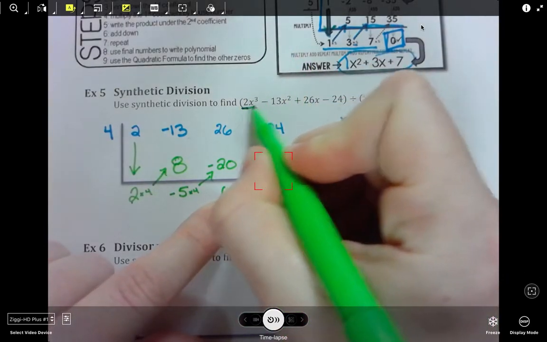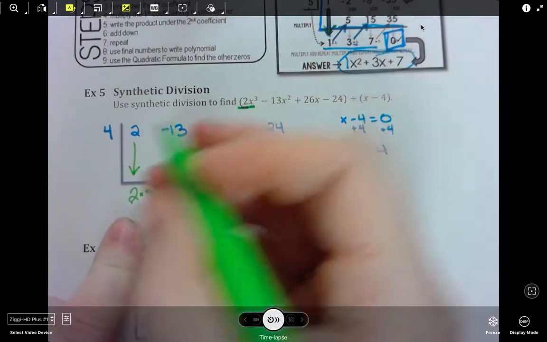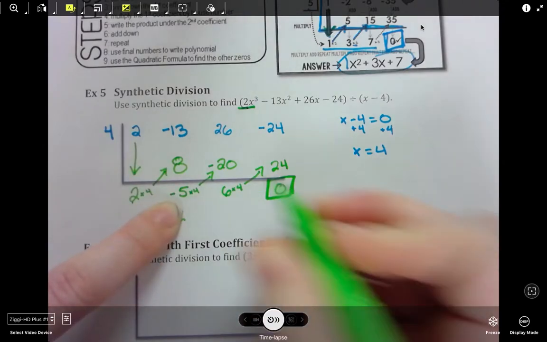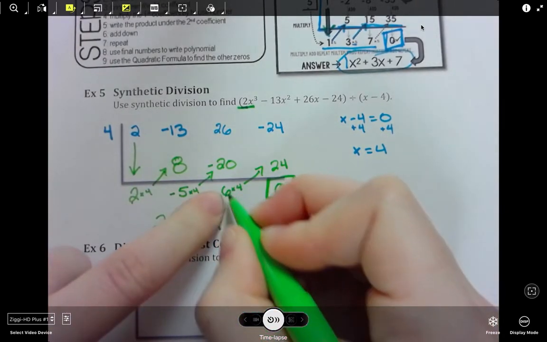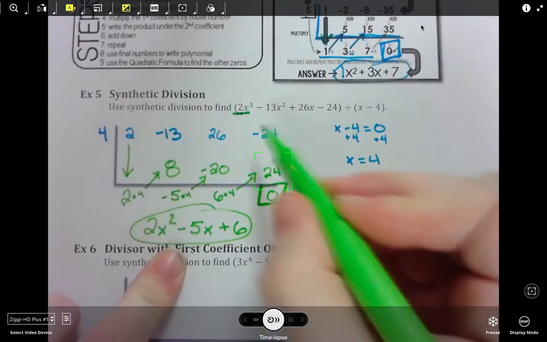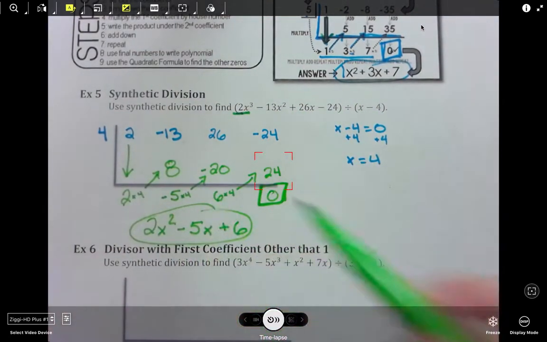What I was dividing was an x cubed, so 1 degree less than x cubed is x squared. So this 2 is going to be 2x squared. This 5 is going to be minus 5x, because I just go down from there, and this 6 is just a positive 6, and that's all I do. So if I would take this guy and divide by x minus 4, I would get 2x squared minus 5x plus 6, okay? And that's all.